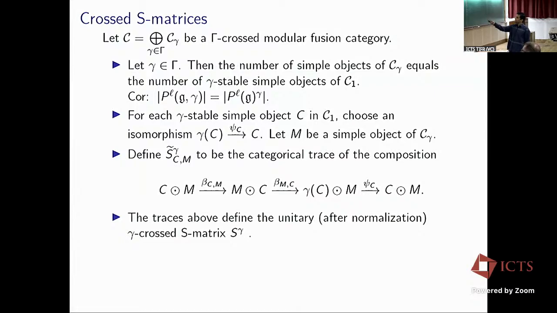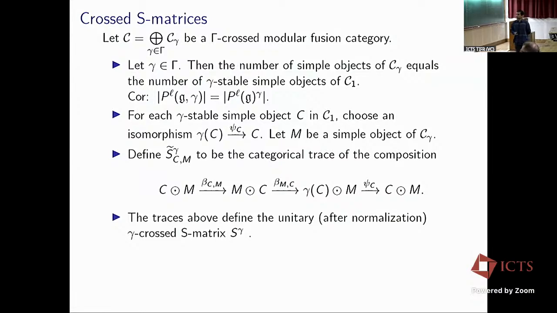If you collect all these scalars, you get a matrix, which we call the gamma crossed S matrix. Of course, you need to normalize this, and the matrix you get in this way is unitary after you normalize it. It's a square matrix because of the first point here.